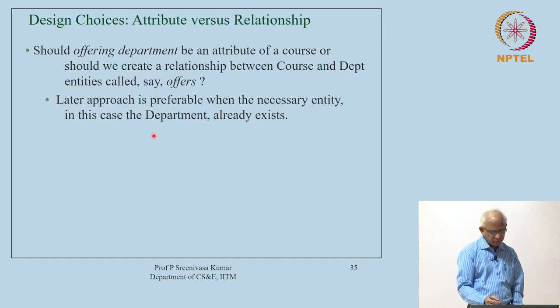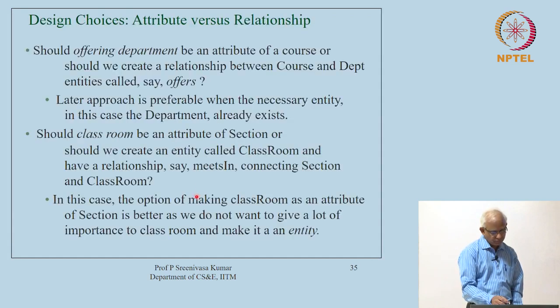Now, another kind of choice. The situation is, should classroom be an attribute of a section, or should we create an entity called classroom and then make a relationship saying meets in and connect them? This also we can do.